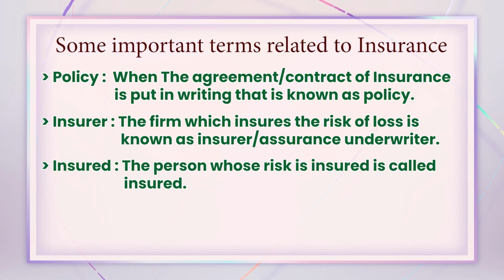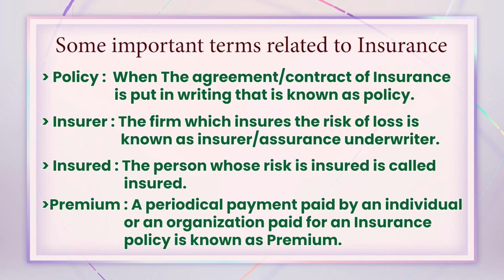Third point is insured, the person whose risk is insured is called insured. Fourth one is premium, a periodical payment paid by an individual or an organization for an insurance policy is known as premium. Now, let us discuss functions of insurance.